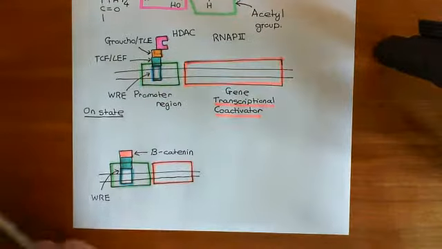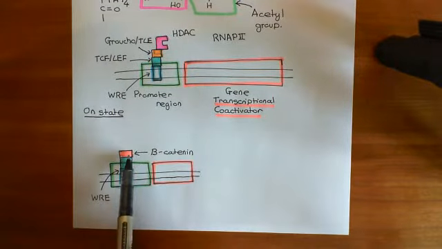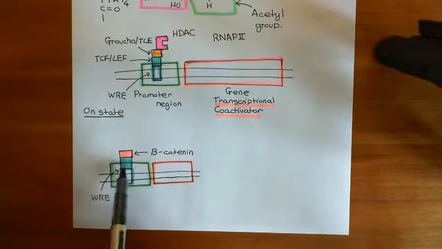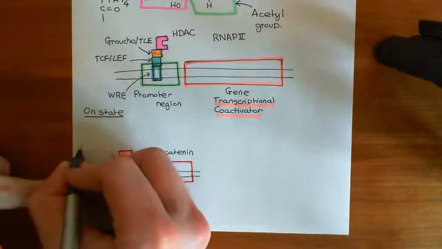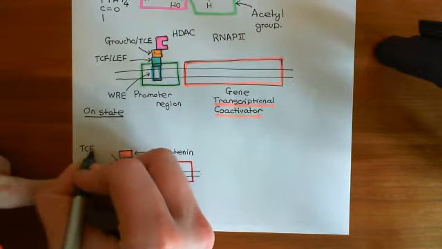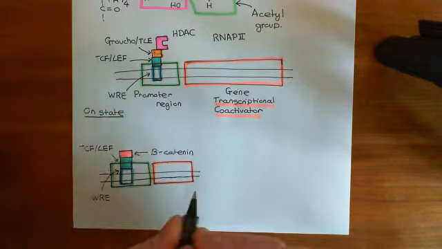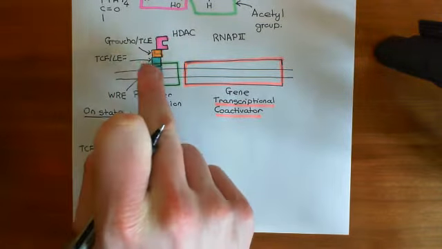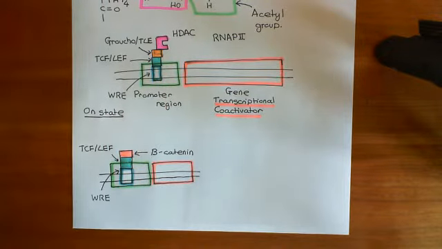Once this transcriptional coactivator binds here, it's going to change the function of TCF/LEF transcription factors so that now they are going to increase the expression of the downstream genes. So transcriptional coactivators bind to transcription factors and change their function. Previously these transcription factors were repressive, now they're going to become enhancers.